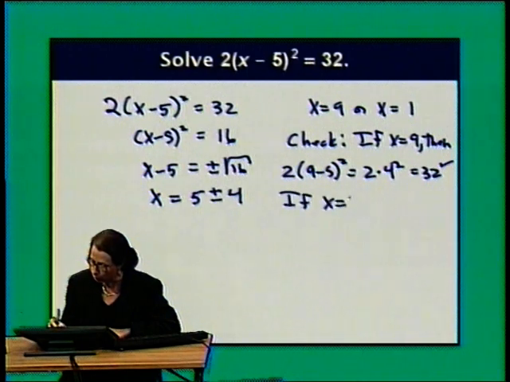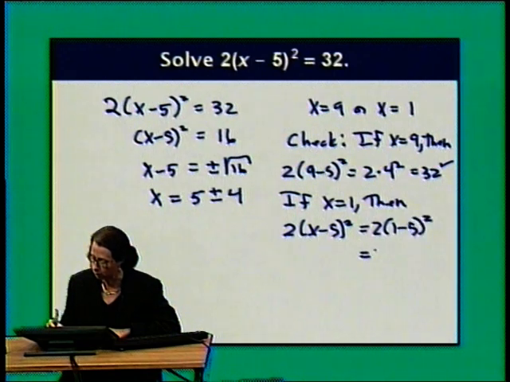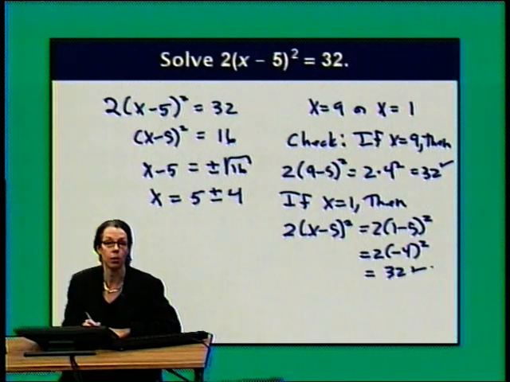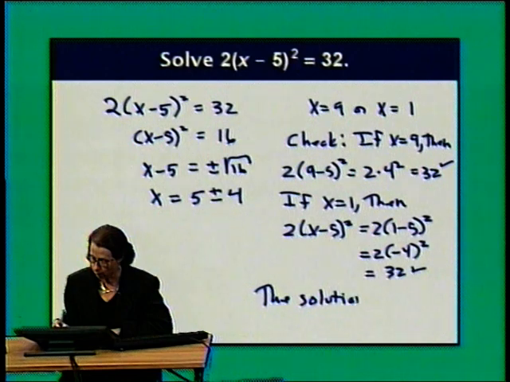If x equals 1, then 2 times x minus 5 squared is 2 times 1 minus 5 quantities squared, which is the square of -4. 2 times 16 again is 32. So both my solutions check. So the solutions are 1 and 9.